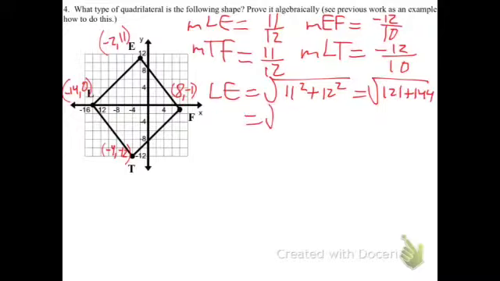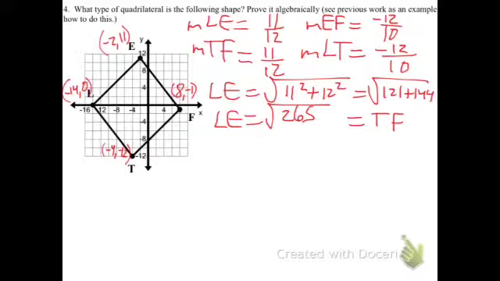Add those together, and that is 265. And so that's my length from L to E. And that's going to be the same thing as TF, because it has the same rise and run, the same y2 minus y1, and the same x2 minus x1.